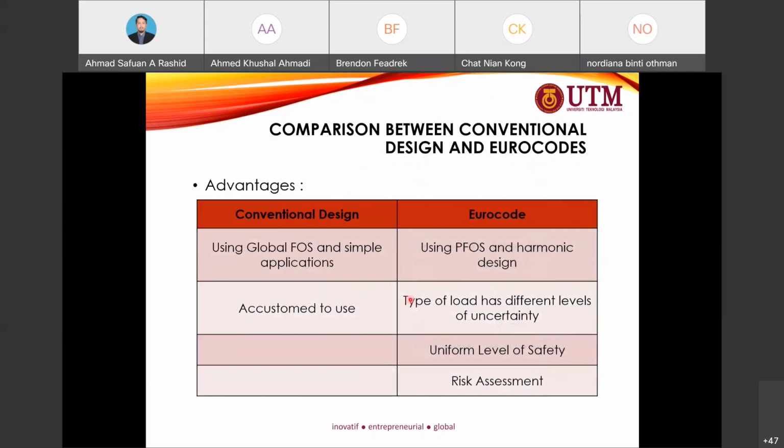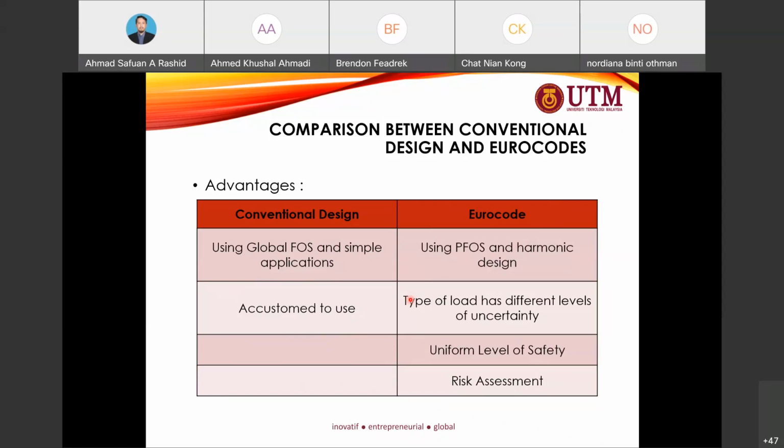Okay. So this is the list of the advantages of using the conventional and Eurocode methods. For the conventional design, it uses the global factor of safety and a simple application, and we are also accustomed to using it.